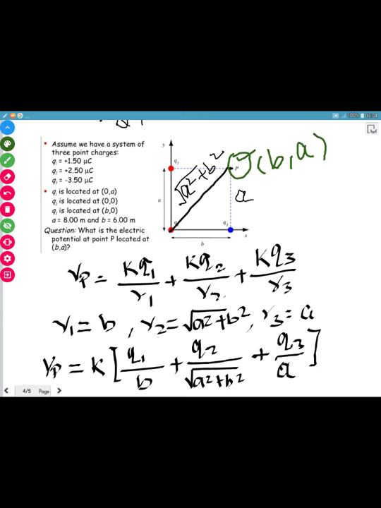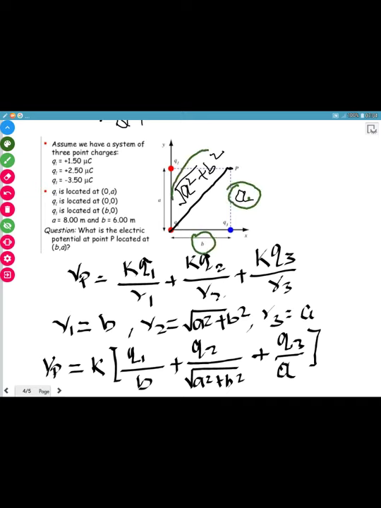As you can see here, this is B, this is A, and this is also A, this is also B, because it is a rectangle and opposite sides are equal.